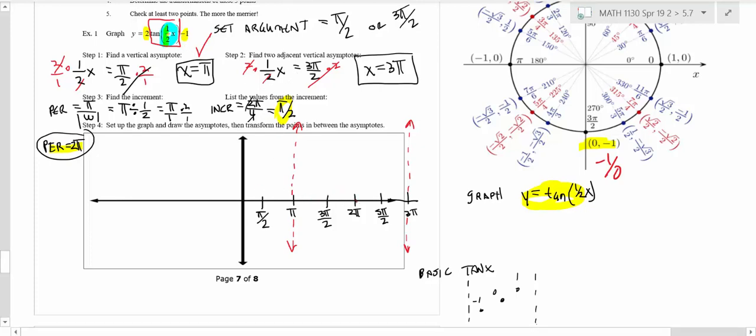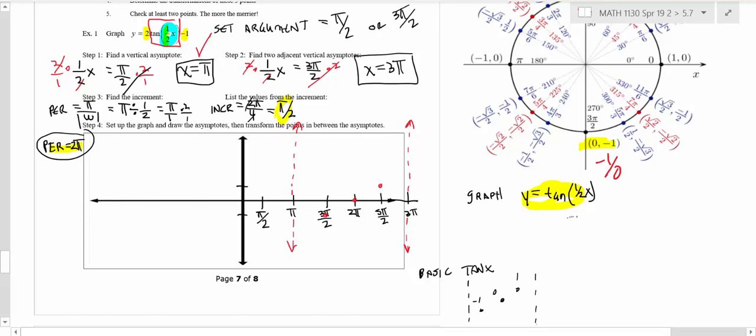If you know that you're graphing a tangent, halfway in the middle of the asymptotes, y is 0. To the right, y is at 1, and to the left, you're at -1. That's all you've got to remember: those key points in the asymptotes have a y value of -1, 0, and 1. Now you're going to modify those.